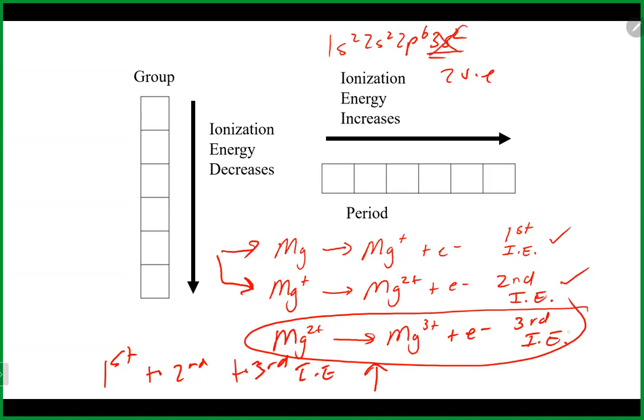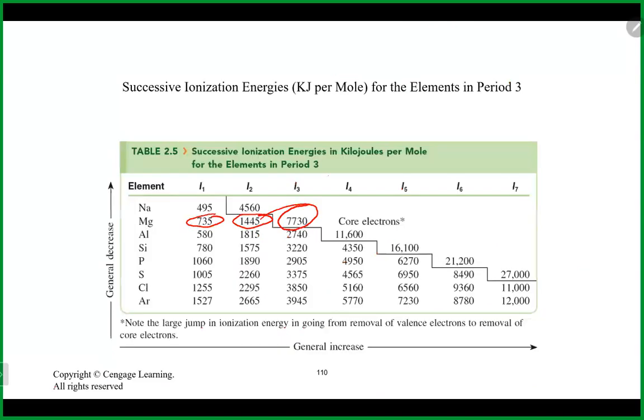At that point, when you try to rip off the third one, you're now into its core electrons, which is really, really close to the nucleus. And under normal conditions, not going to happen. So that's why when we think about magnesium, it makes a +2 charge, because it's easier to remove those valence electrons, but super hard at that point to try to rip apart, energy-wise, the third electron, fourth electron.